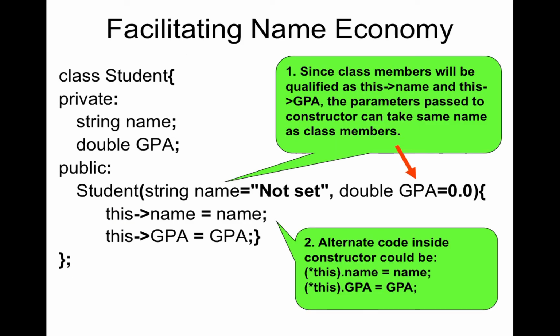But there's another use we can make, and since I'm not showing any output, I'm not going to type student class into the Xcode. You can if you want to, and a copy of this PowerPoint will be available to my students. So the other use of this pointer is facilitating name economy.